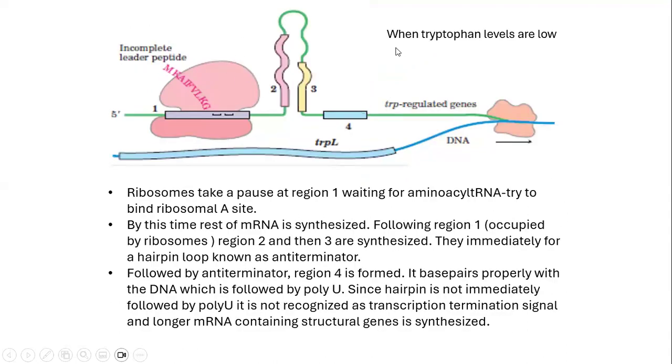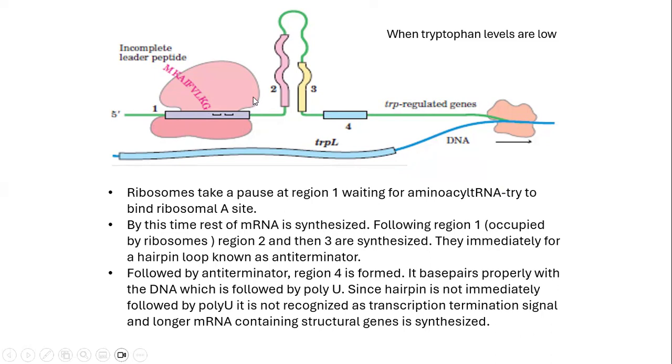While in the second condition, that is when the tryptophan levels in the cell are low. So here again, the ribosomes will begin with the translation process. And since the availability of amino acid transfer RNA tryptophan is low, because of low amounts of tryptophan available in the cell, the ribosomes will take a pause in region 1 where they are waiting for the transfer RNA tryptophan to bind to the A site of the ribosome.